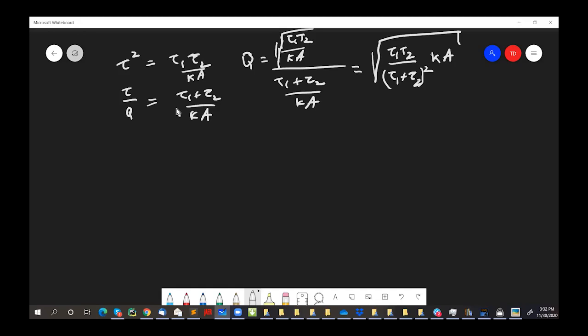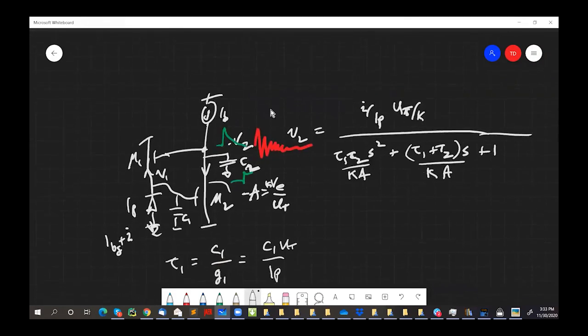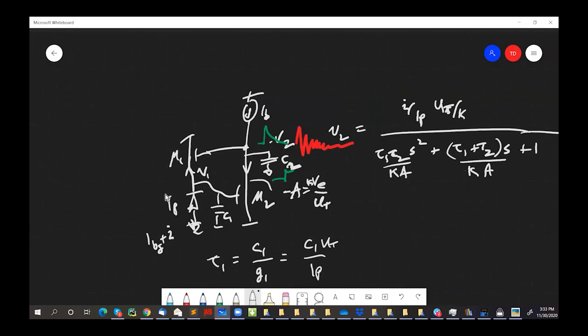So let's ask the question now in this circuit. This is the only question I'm going to ask here. In this circuit, given a particular photocurrent IP, what IB do I need here to make this response stable?